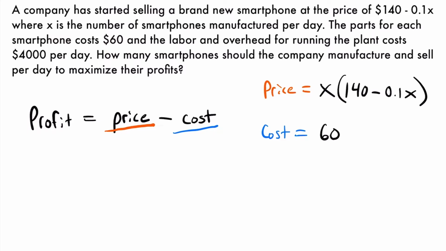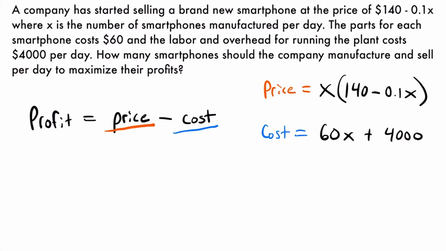And then we're going to multiply that by x because each smartphone costs $60 to create, or at least the parts cost that much. And so we need to multiply that by x, which is the number of smartphones made per day. And then we're going to add that to that labor cost per day of $4,000. And so we'll have 4,000. And this will represent the cost of the amount of smartphones produced per day for this company.